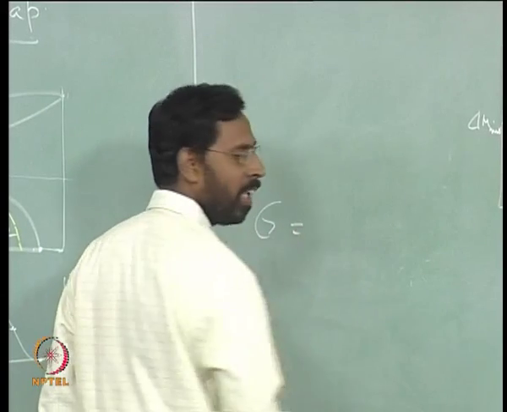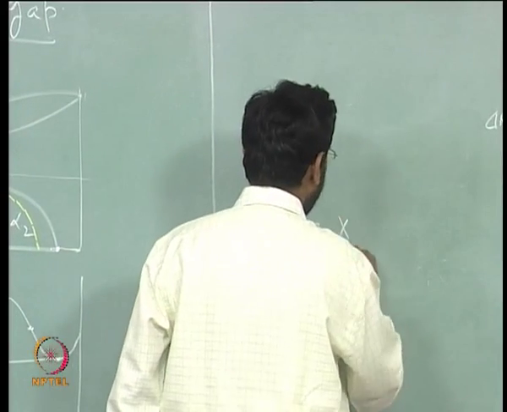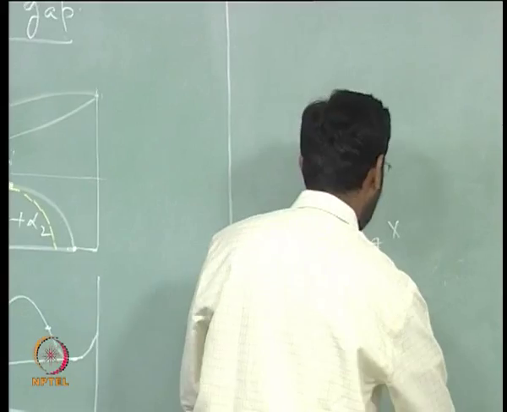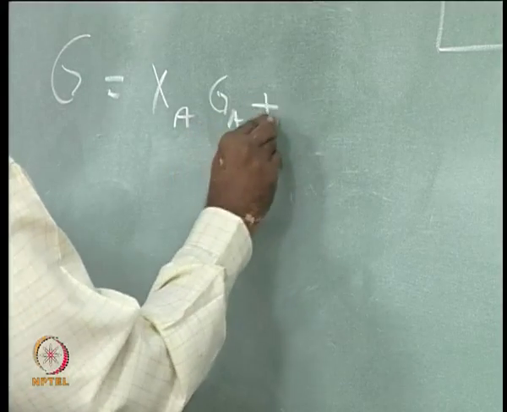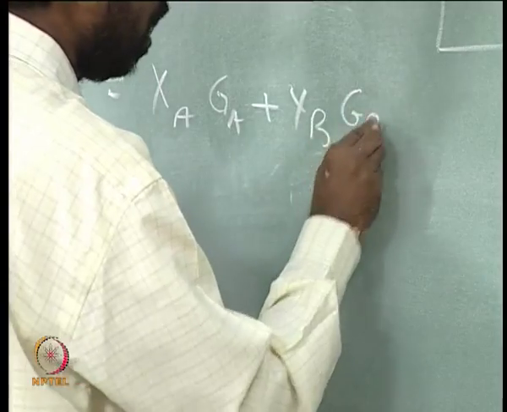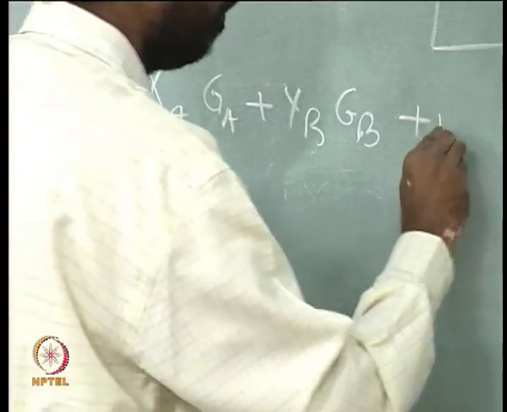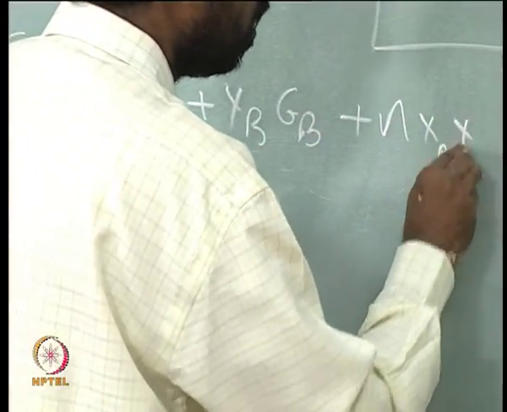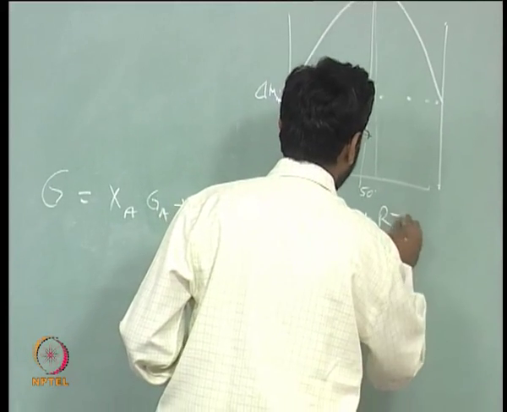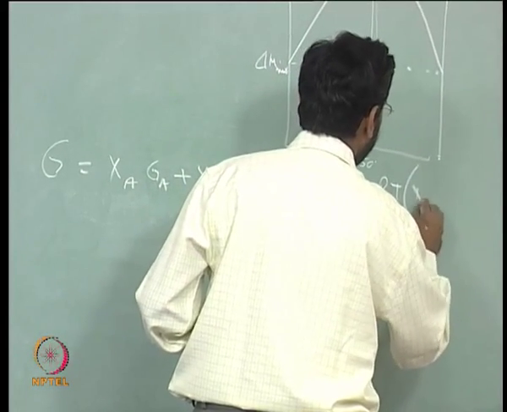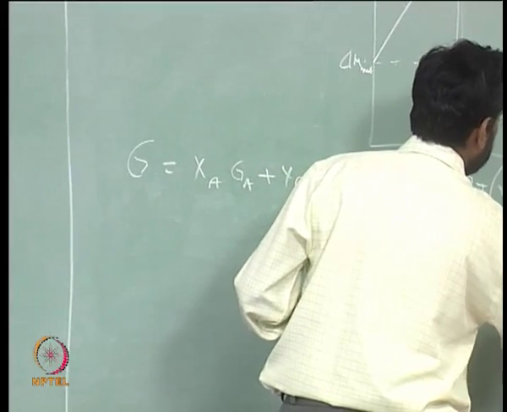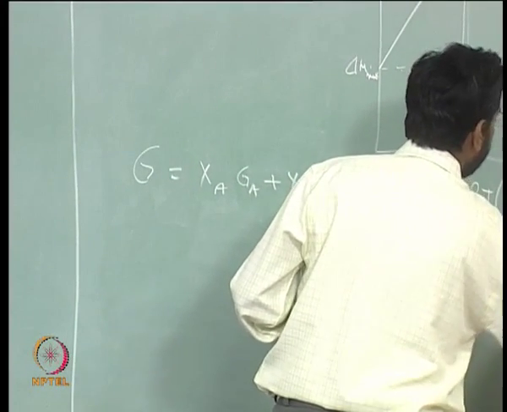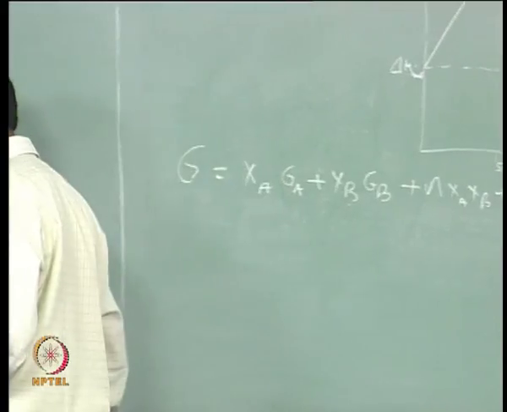G is XA GA plus XB GB plus omega XA XB plus RT (XA ln XA plus XB ln XB). This is the final formulation that we have.